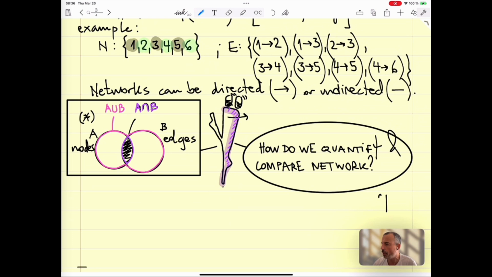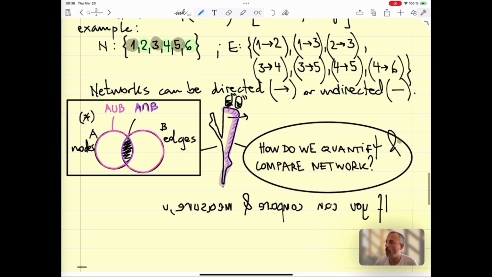Try to read this: if you can compare and measure, you can manage.